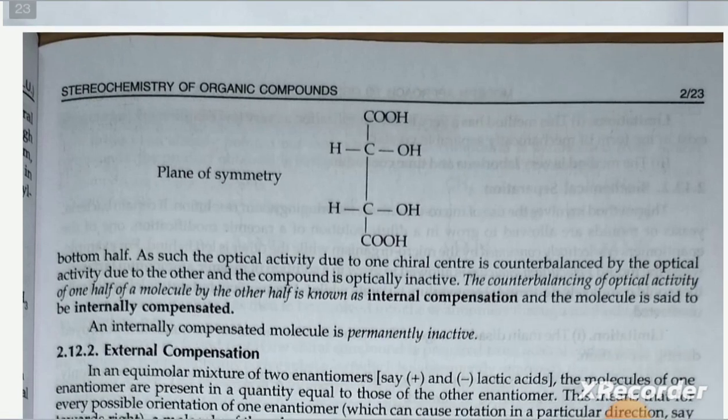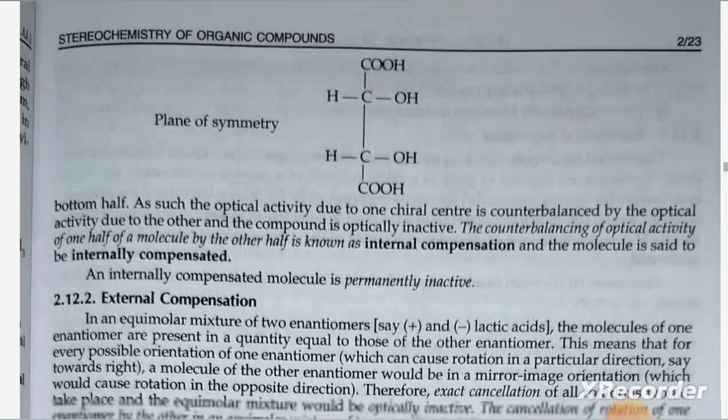As such, the optical activity due to one chiral center is counterbalanced by the optical activity due to the other, and the compound is optically inactive. The counterbalancing of optical activity of one half of the molecule by the other half is known as internal compensation, and the molecule is said to be internally compensated. An internally compensated molecule is permanently inactive.